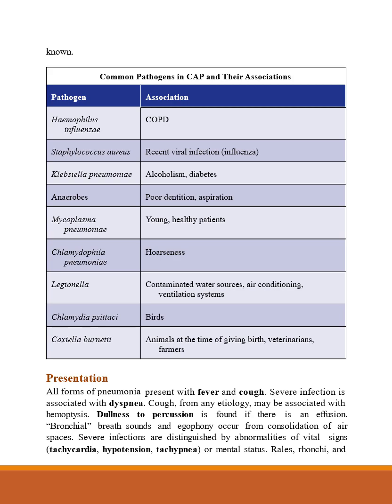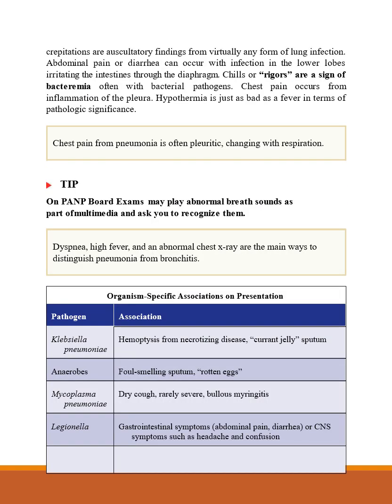Also, we can find on auscultation rales and rhonchi. Let's go to the next slide, number 6. Crepitations are frequent auscultatory findings on virtually any form of lung infection.